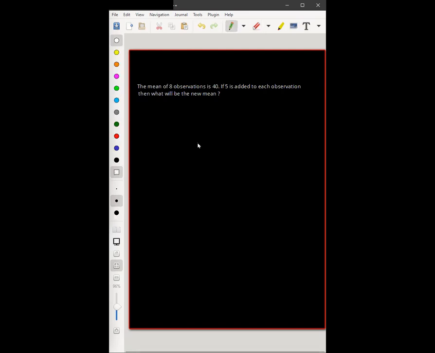The mean of 8 observations is 40. If 5 is added to each observation, remember it's each observation, read the question carefully, then what will be the new mean?